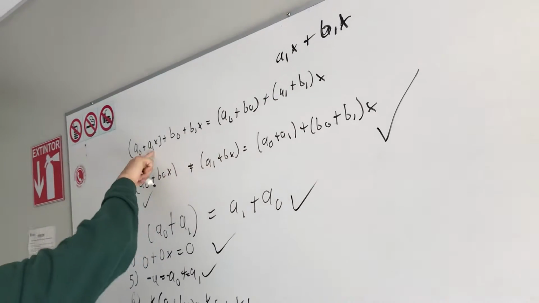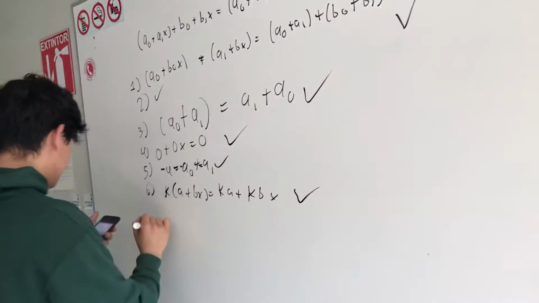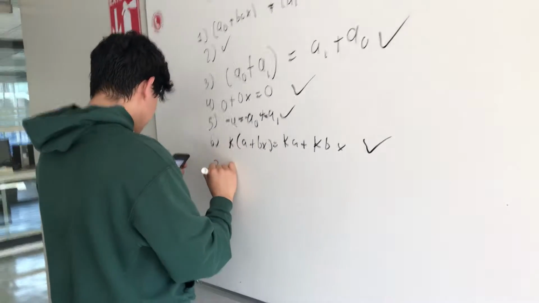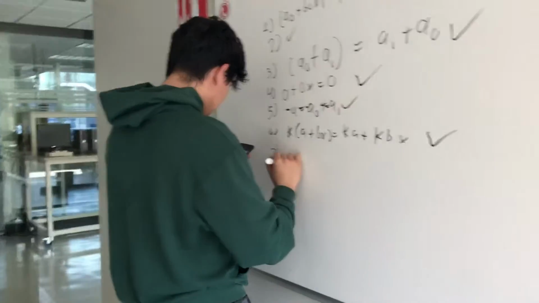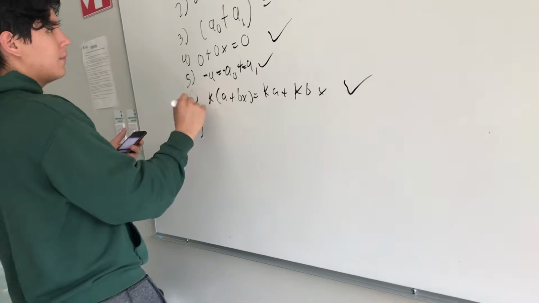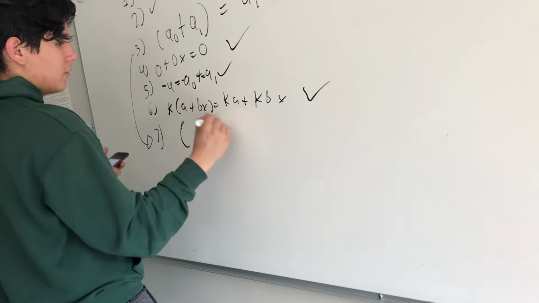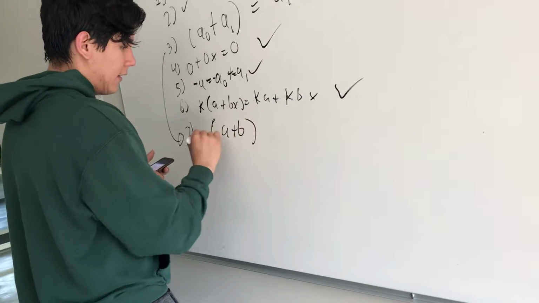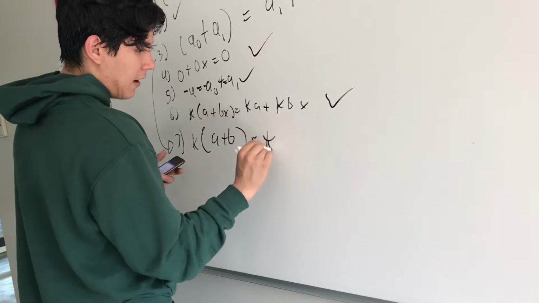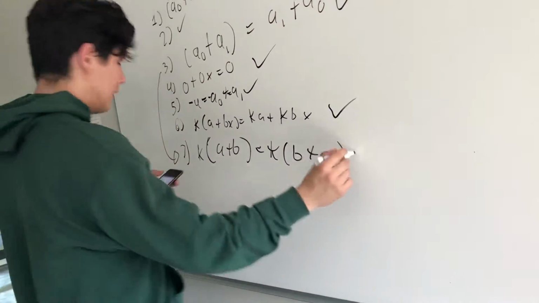So we have it here, a1x and b1x. So this is accepted as well. We have axiom 7, that is the same as this one, but with the case, like a plus b equals k b plus a. So in this case, it's accepted.